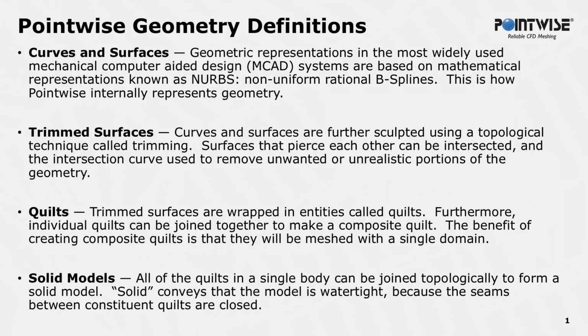Users often import their models into Pointwise and see discrepancies in their representation from what they look like in their CAD tool. The CAD tool used to create the model is using a built-in tolerance to define surfaces, their intersections, and so forth. Pointwise has a very precise geometry kernel.